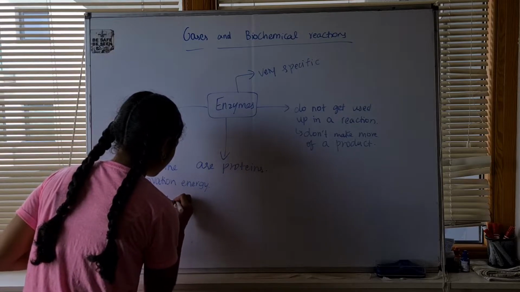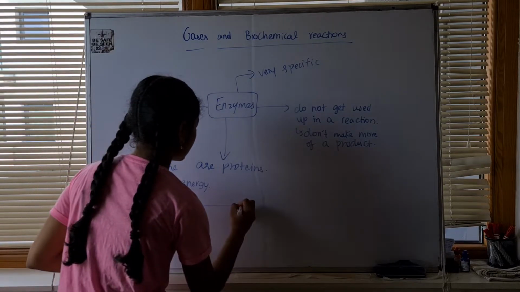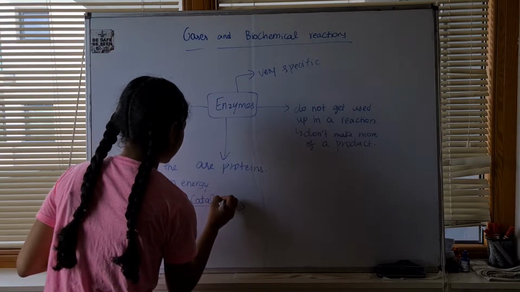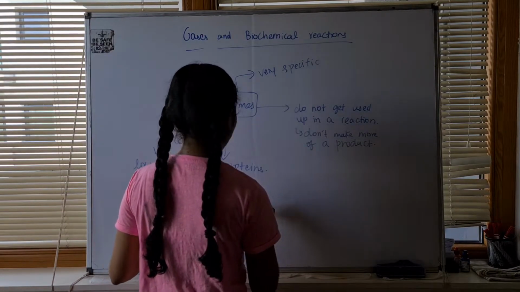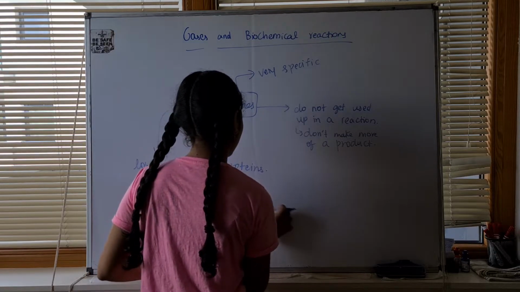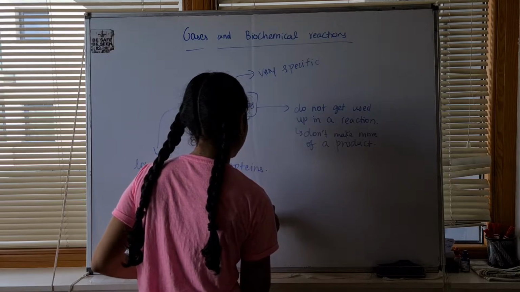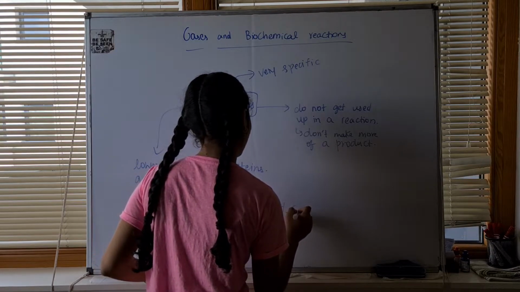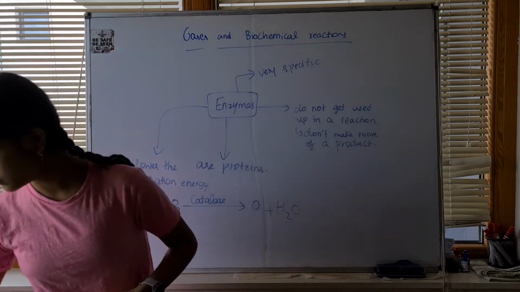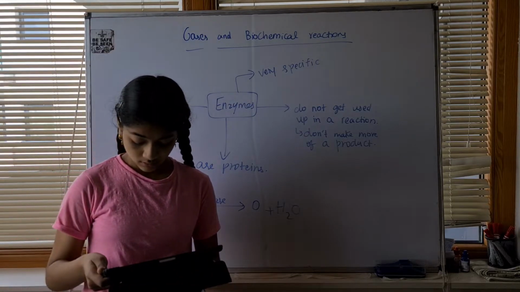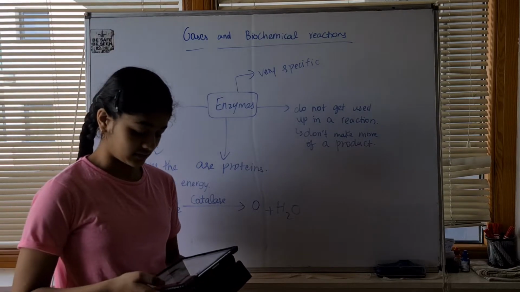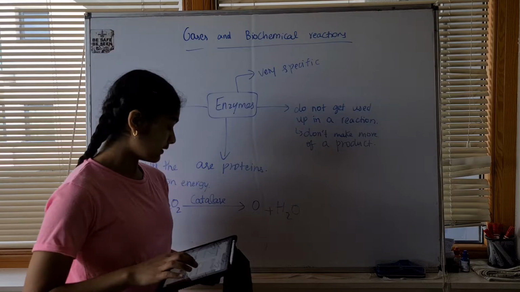H2O2, that's hydrogen peroxide, uses the enzyme catalase and breaks down into oxygen gas and water, O2 plus H2O. And this occurs in the liver. Catalase is present in the liver, that's why it occurs in the liver.